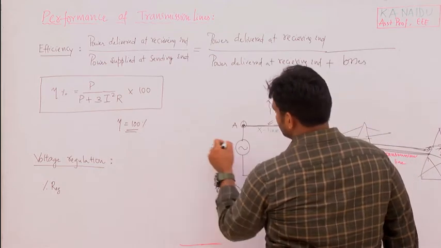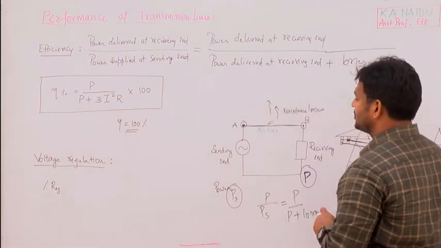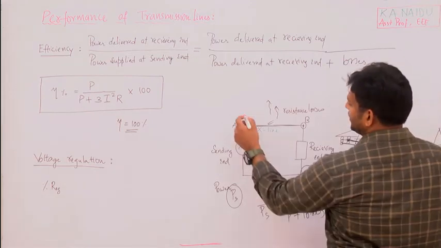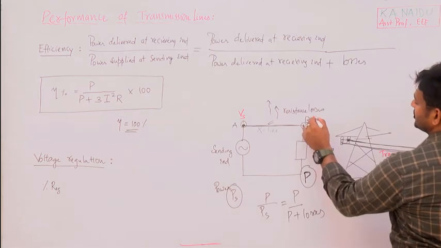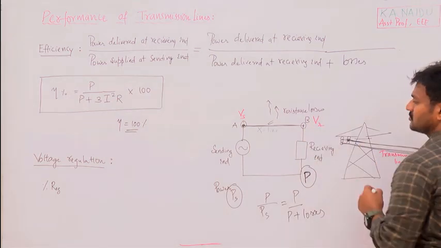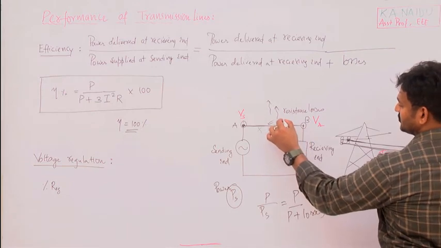Suppose this is the sending end at point A. Let the voltage at this point or sending end be VS, and suppose the voltage at this receiving end is VR. And then you assume that there is one switch here.